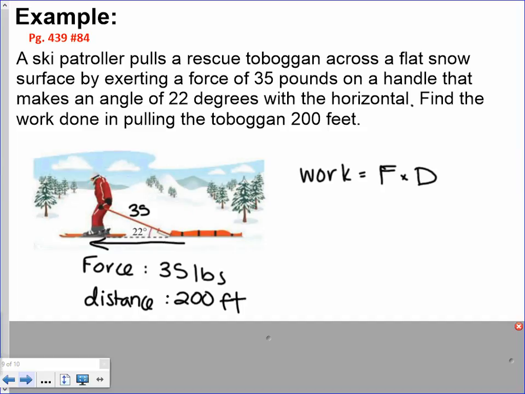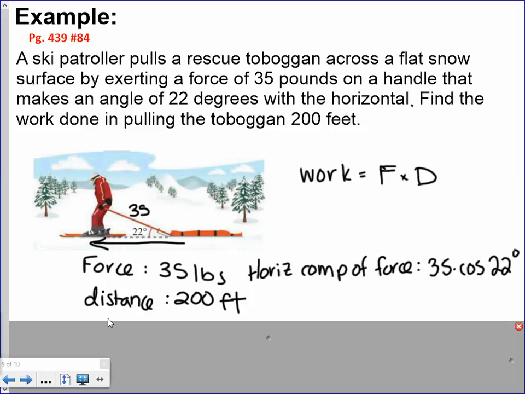So going back to our work from 6.3, we calculate the horizontal component of force, which is 35 times the cosine of 22 degrees.